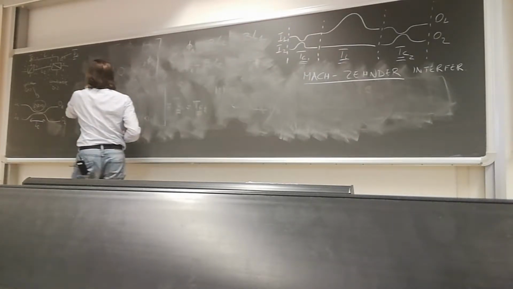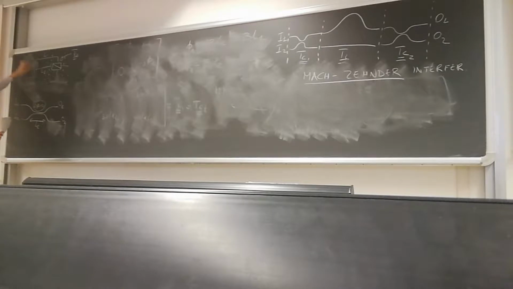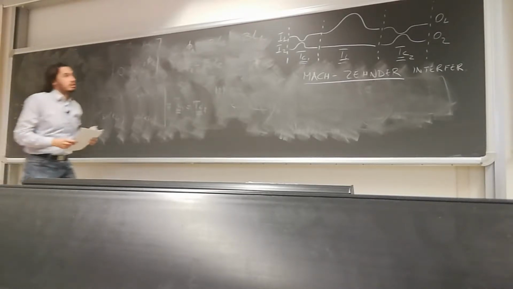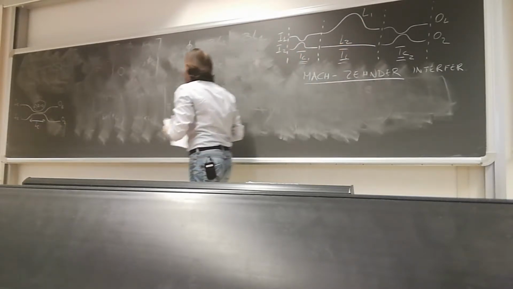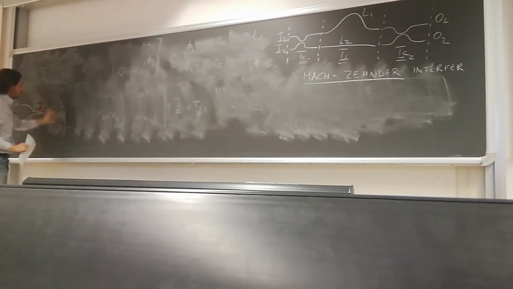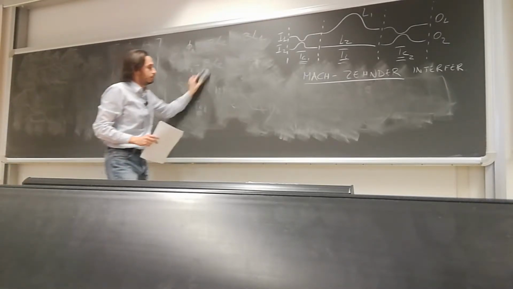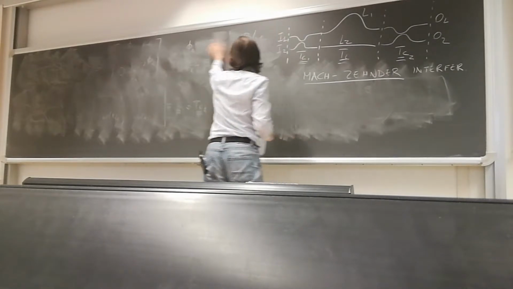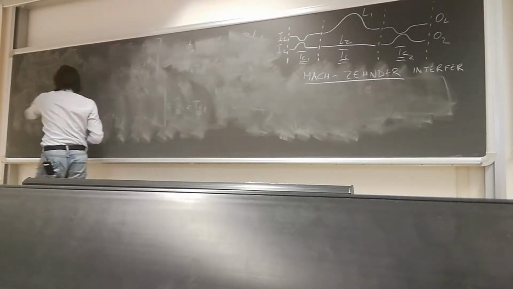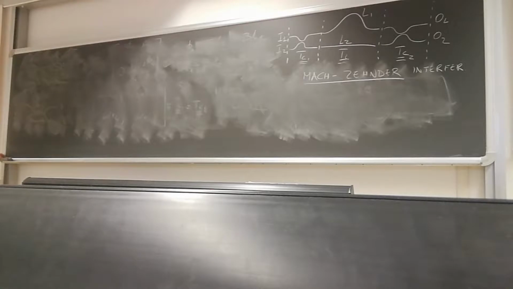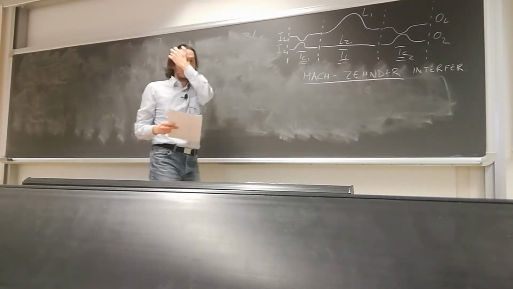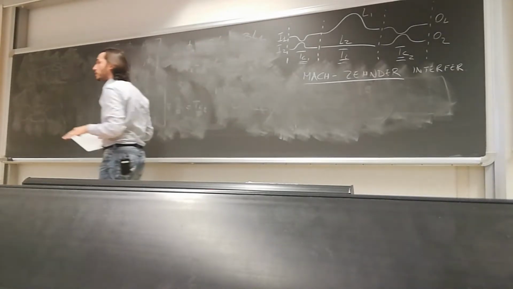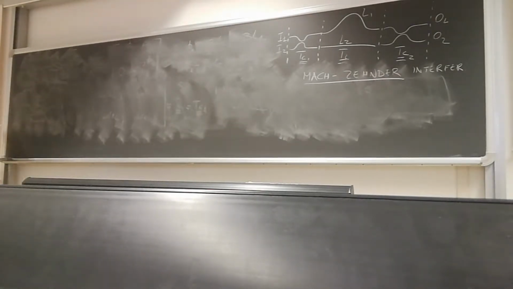Okay, so we can cancel this and more. So this means that this is L1 and this is L2. Okay. So I will skip over all the calculation because there is nothing interesting to tell.